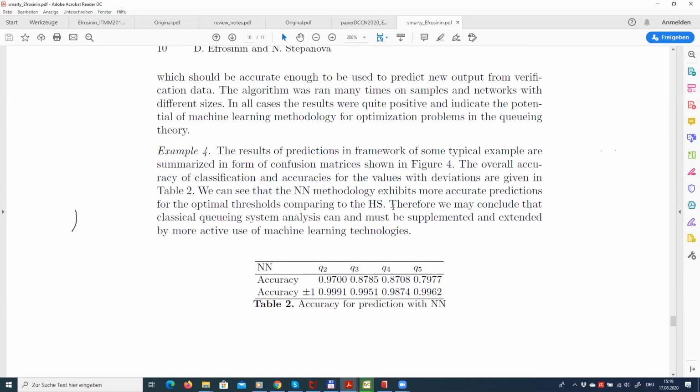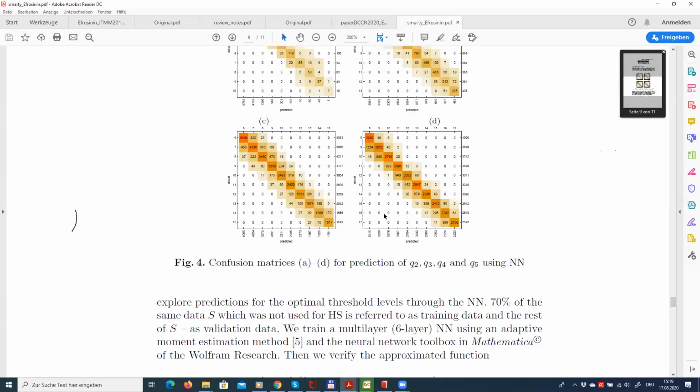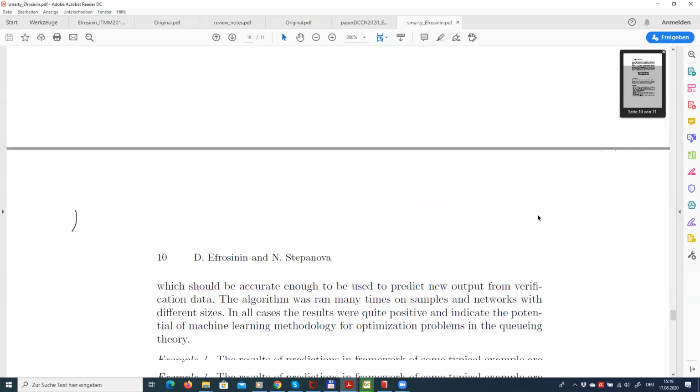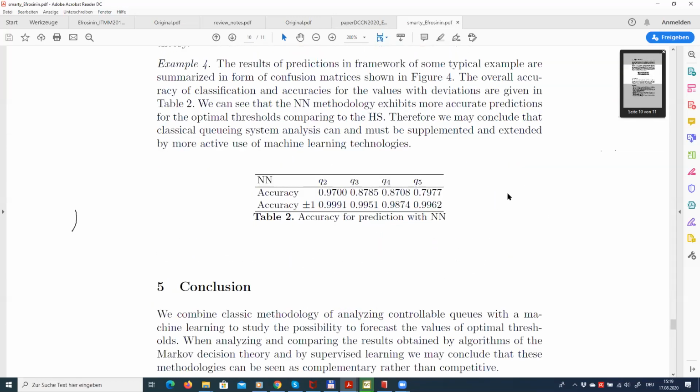So the results are summarized also by means of confusion matrices. And in the last table, we have accumulated the accuracies, the exact accuracy and the accuracy if we allow the deviation for the thresholds plus minus 1. And we see that in this case, the results are even better.